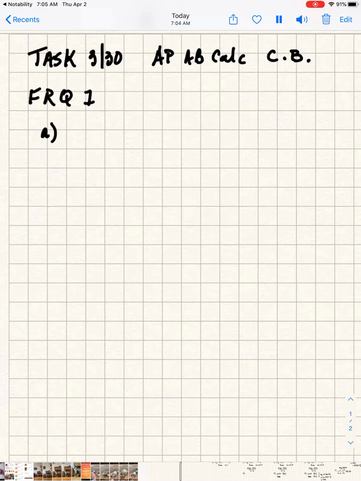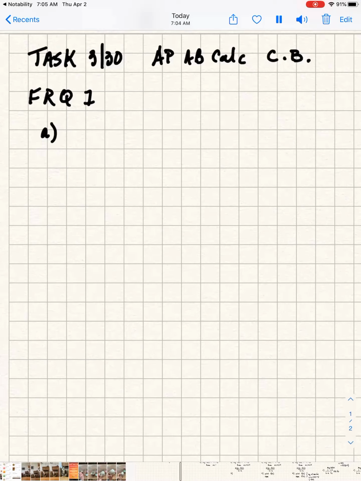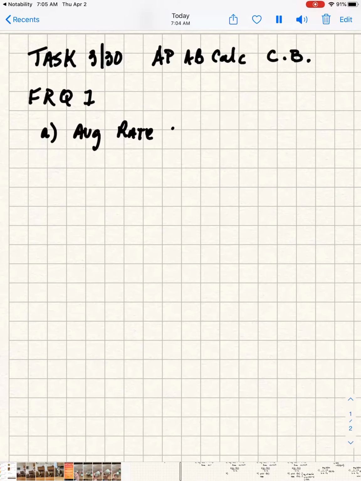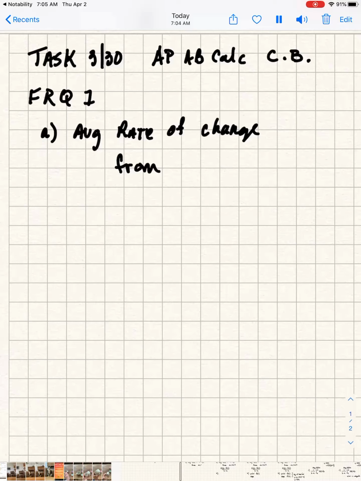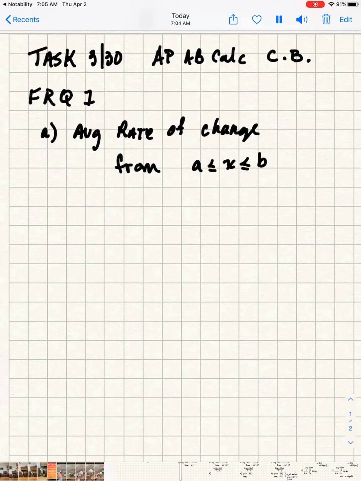Again, just going over different things that you need to know. I'm not going to give you answers, but this will give you some help, right? So if you're looking for average rate of change from, let's say, an interval A to B, really all you're looking for is the slope.